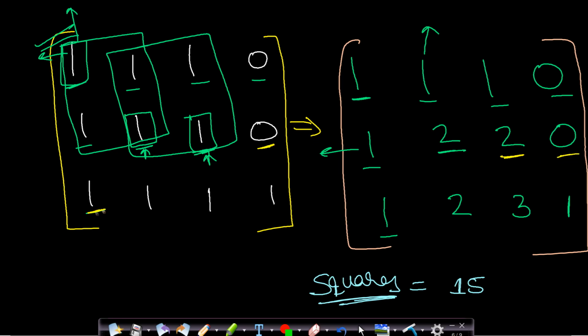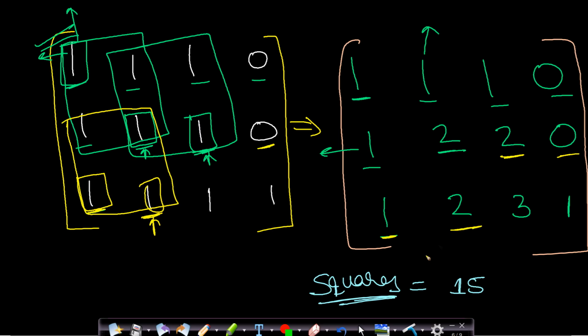Now this one is belonging to the first column, so it can never be of size greater than 1. So since this is 1, therefore this will also be 1, since this is a square submatrix of size 1 by 1. Now when you see this element, then it is including itself as well as this square submatrix. Therefore this is a bottom right corner of two square submatrices, therefore we will write here 2.